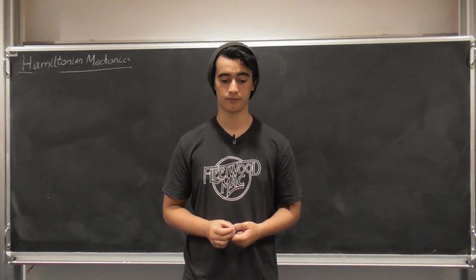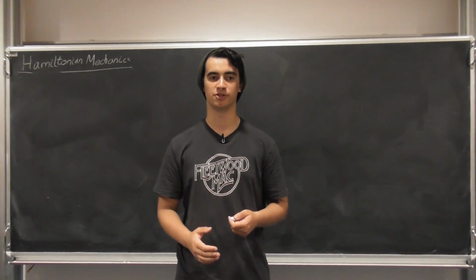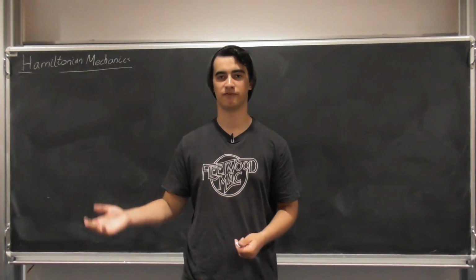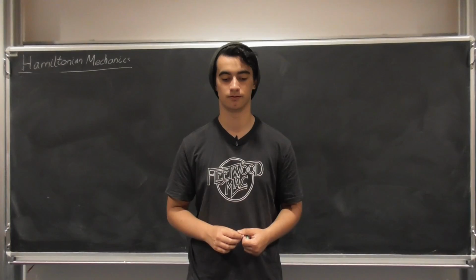So the way that we're going to do this is we'll just assume that we're using a normal everyday particle where the momentum is equal to the mass times the velocity.